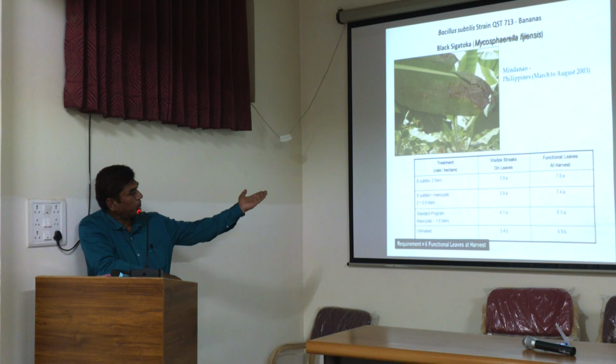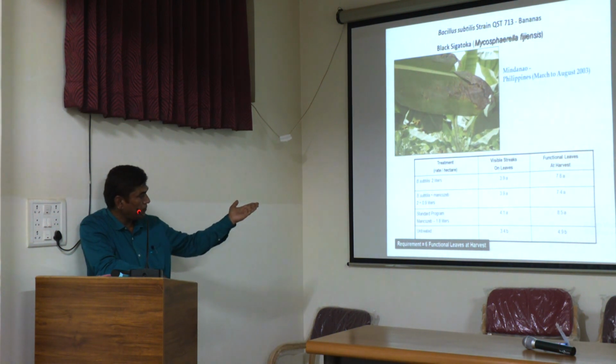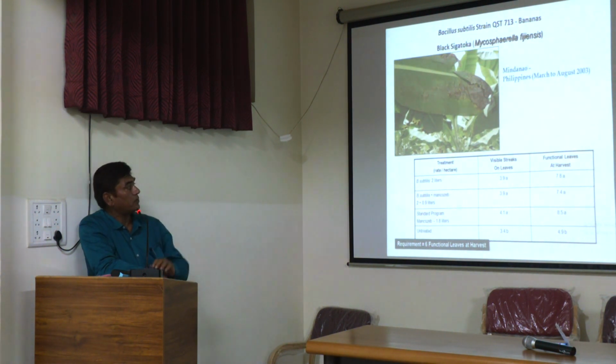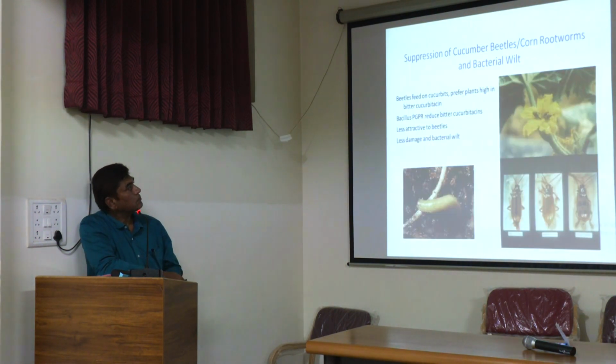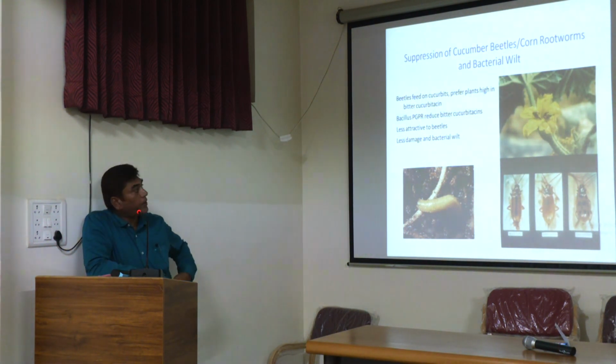You can observe Bacillus subtilis at 2 liters gives visible streaks on leaves 3.9 when compared to the second treatment, Bacillus subtilis plus mancozeb. They are on par. So there is suppression of cucumber beetle, corn rootworm and also bacterial wilt by this Bacillus subtilis.